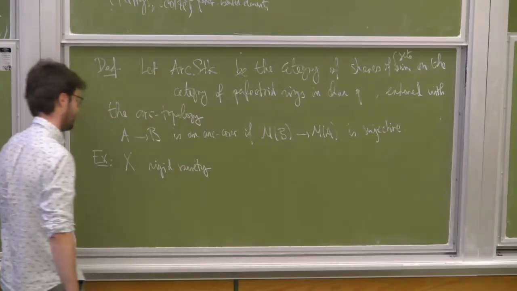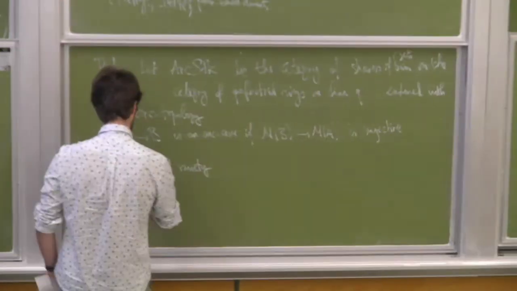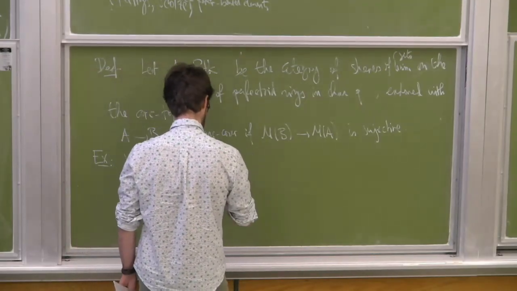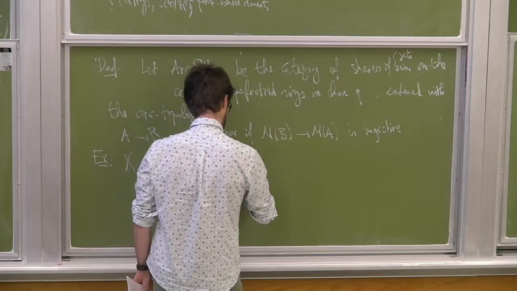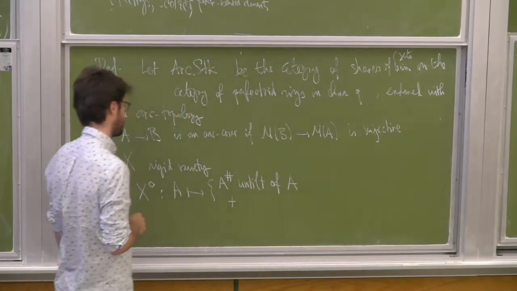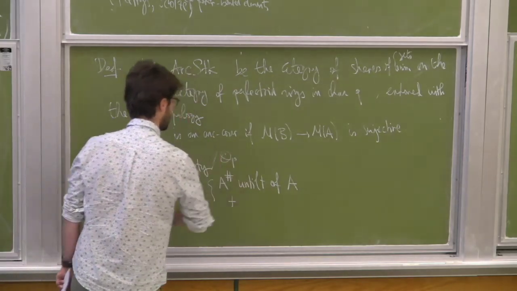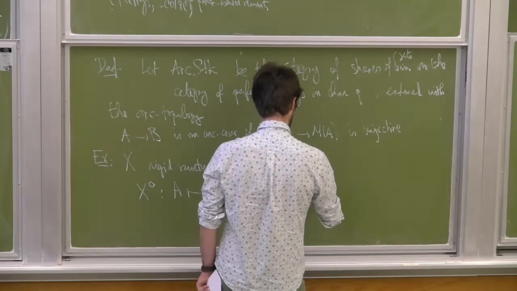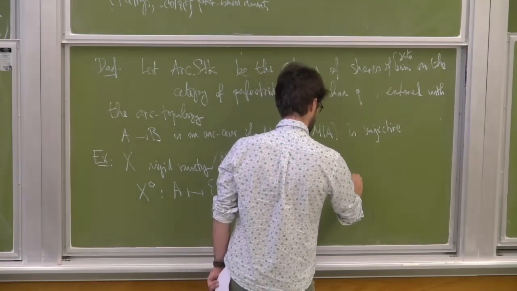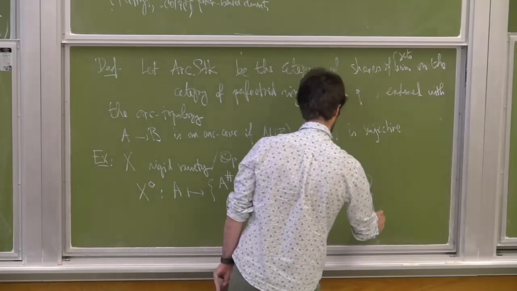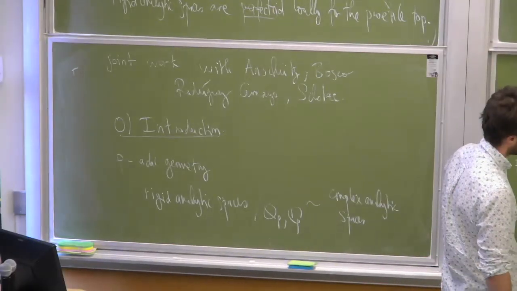To X, your rigid variety, you will attach a certain arc-stack, which I will denote X diamond, which is a functor which sends A, a perfectoid ring in characteristic p, to the following data: A sharp will be some perfectoid ring over Q_p with an isomorphism of its tilt with A, plus a morphism from the perfectoid spectrum of A sharp to X.